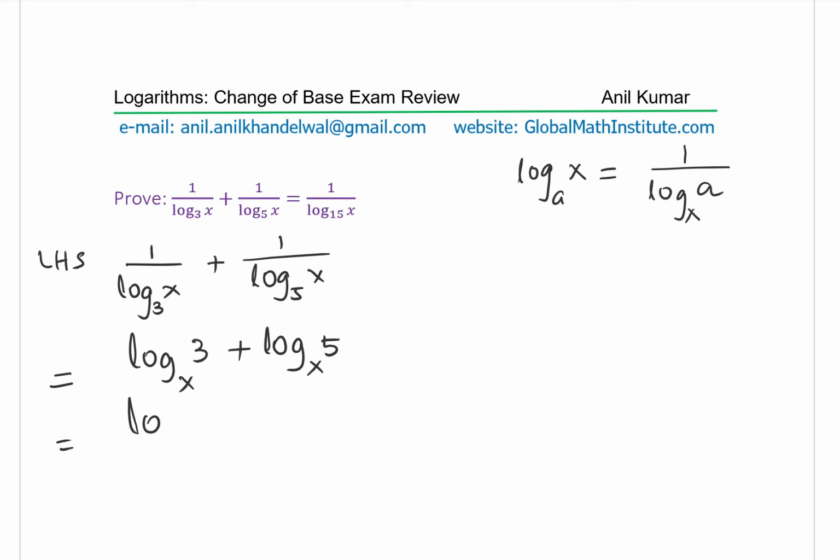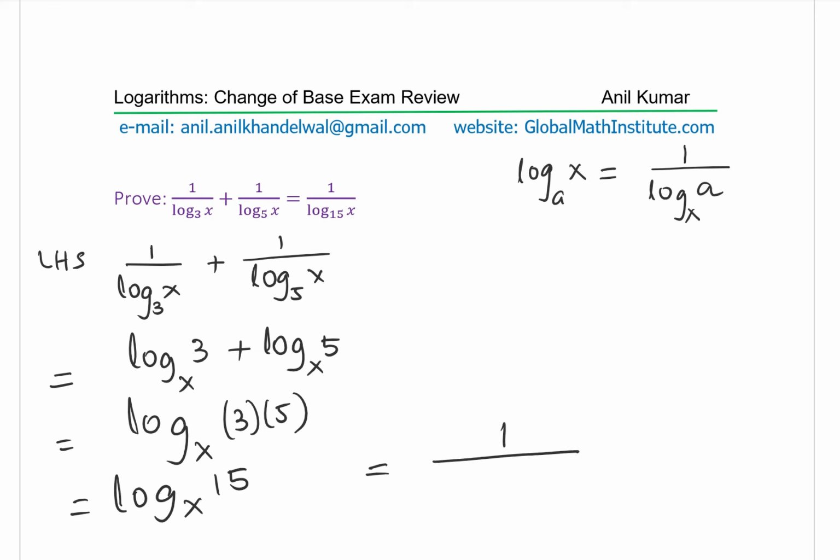So we could write this as log to the base x of 3 times 5, which is 15, correct? So which is log to the base x of 15. And again, applying the same property which we started with, we could write this as 1 over log to the base 15 of x, which is the right hand side. Is that clear to you? So that is how we are going to solve it.